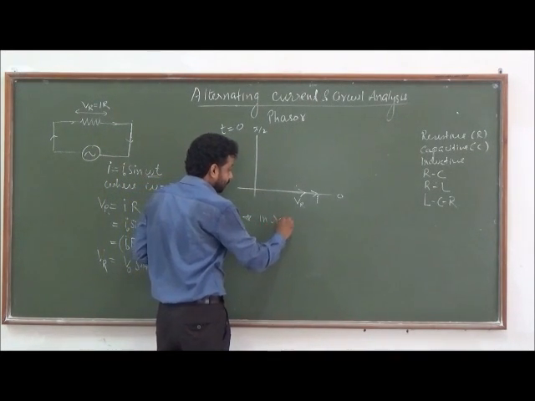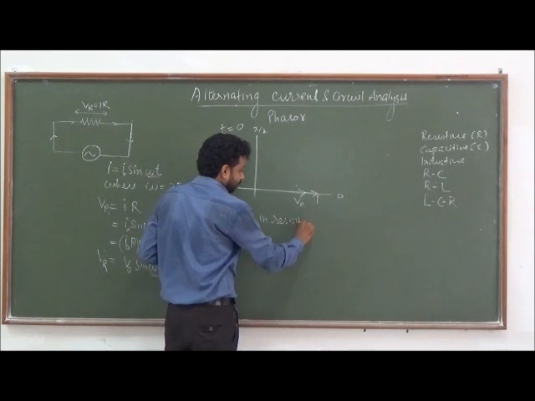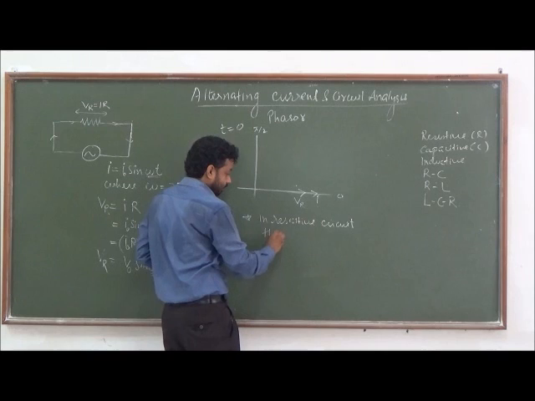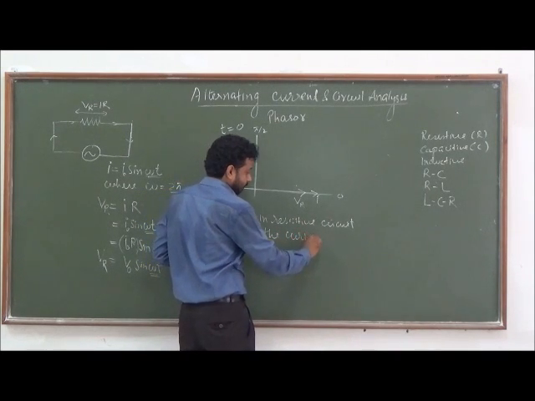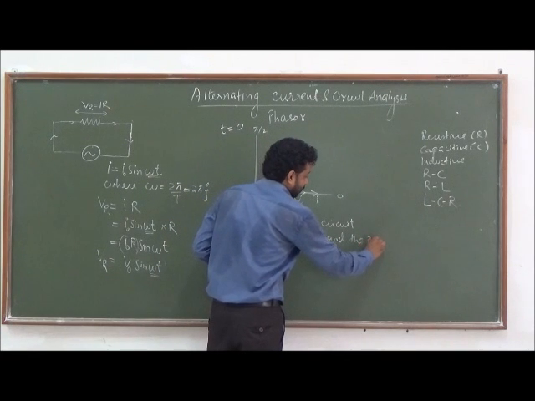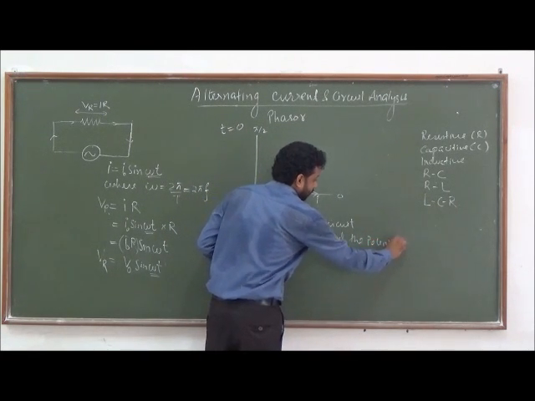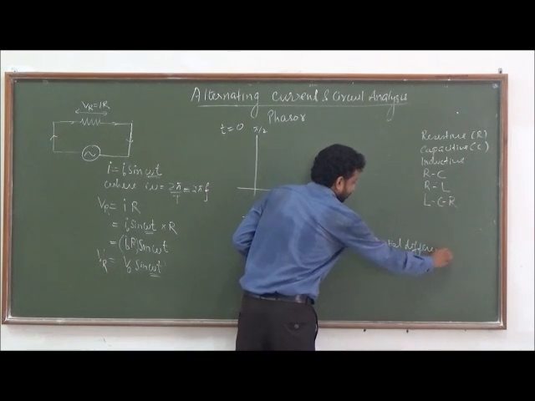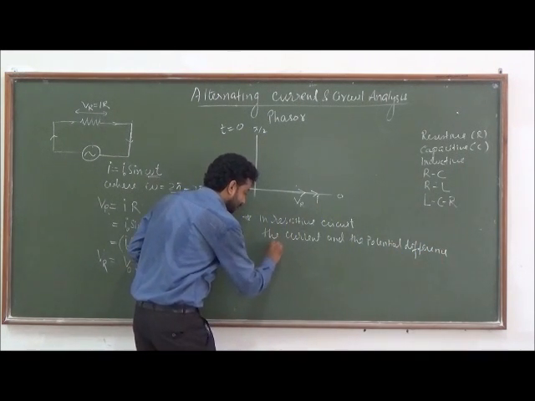in a resistive circuit, the current and the potential difference are in phase.